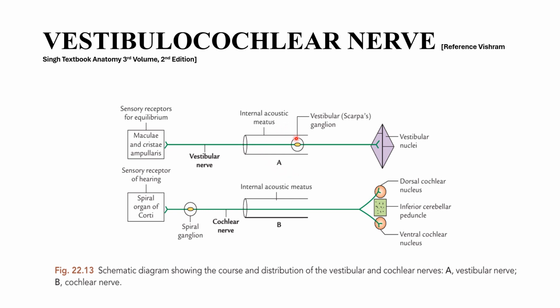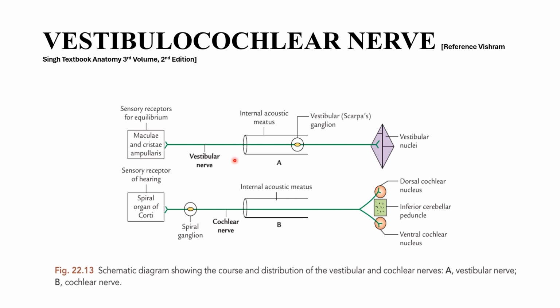Inside the internal acoustic meatus, on this vestibular nerve, there is a ganglion called the vestibular ganglion, also called Scarpa's ganglion, and inside this there are bipolar neurons. These bipolar neurons carry the information and continue as this part of the vestibular nerve, and just inside the internal acoustic meatus itself, it will give three branches.